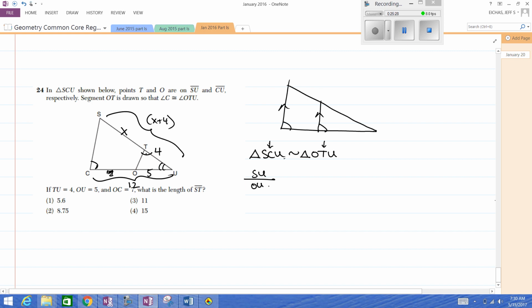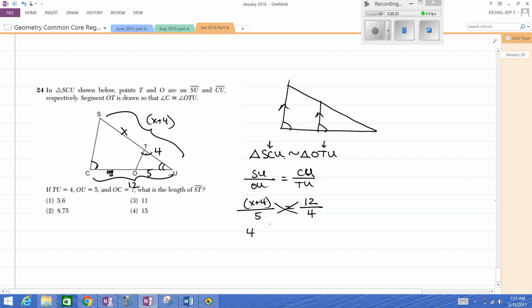OU. And, all right, we've got CU. That should be corresponding to TU. So let's see if we can get some replacements here. X plus 4 is to 5, as 12 is to 4.